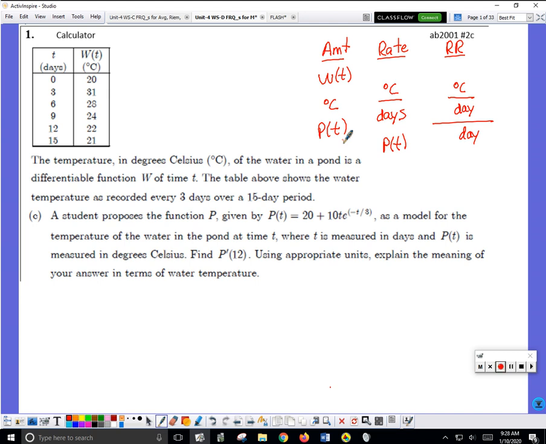Somebody goes out to the pond every day, puts a thermometer in the pond, measures the temperature, writes down the temperature. That's where this comes from. Then somebody else says, oh, I can create a formula that will look like that. That's what P is. So they're both amounts. They're just two different ways of finding the temperature. Either use the formula or just look it up on the table. Question? How many knew that? 3 points. Okay.